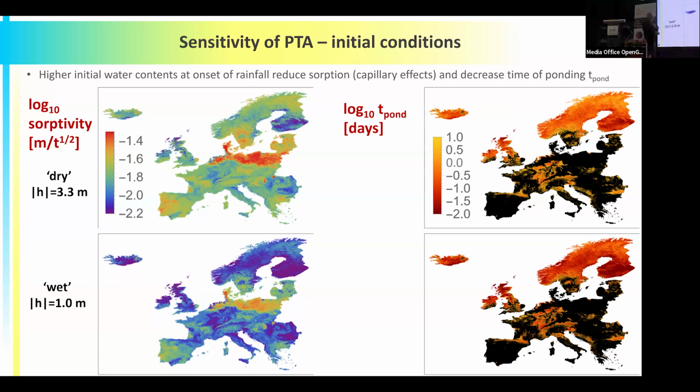Then, as shown at the right, we have darker red, so the ponding is occurring earlier. The ratio between the black and the reddish area is still the same because the saturated conductivity has not changed. It is just the initial conditions that changed. But because it is wet, where we have a risk of ponding, ponding will occur earlier.